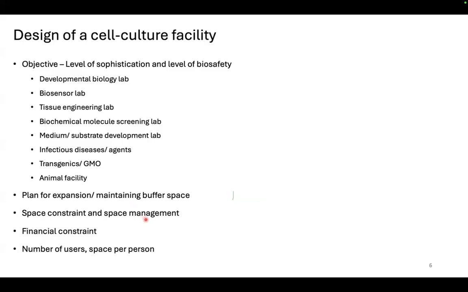If you're in the lab, it becomes very tough. So you have to show that you're occupying this space, but currently you just require this and use this much, so that whenever there is an option or a need to increase, you can actually increase. So space needs to be managed, and financial constraints are always there.